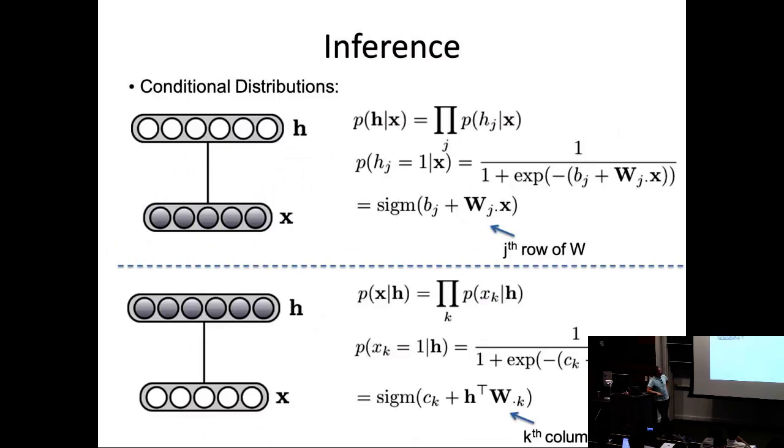So let's look at the conditional distributions. We're trying to infer the conditional probability of h given x. The conditional probability that h_j takes value 1 is going to be given by this logistic function. In fact, if you look at this particular model, this conditional probability is exactly the same thing as what you would do in a neural network with sigmoid nonlinearity, right?